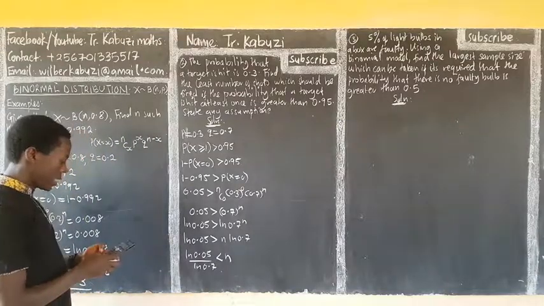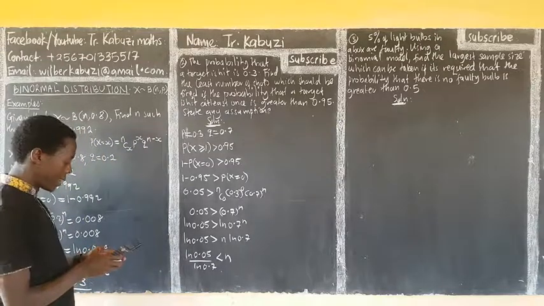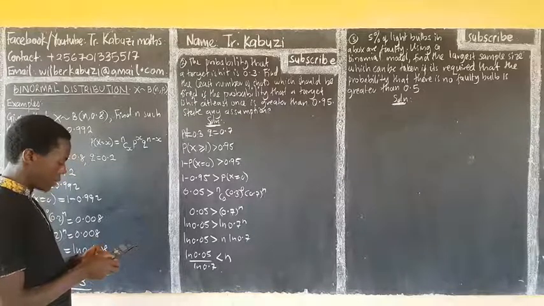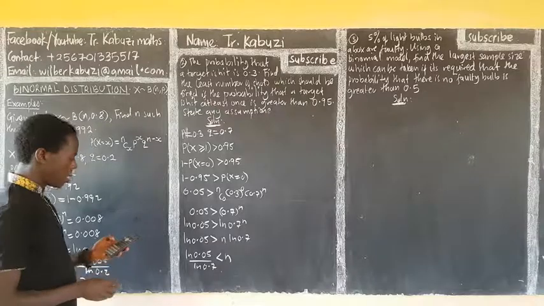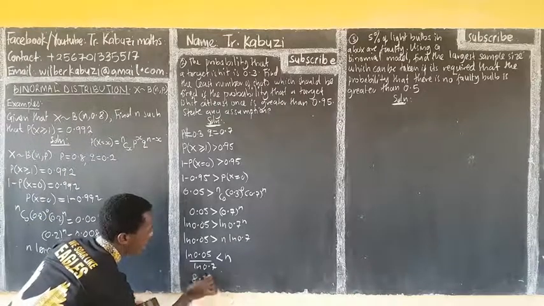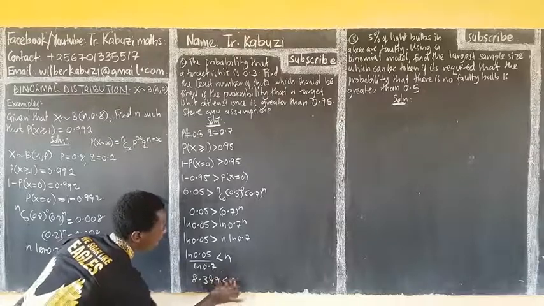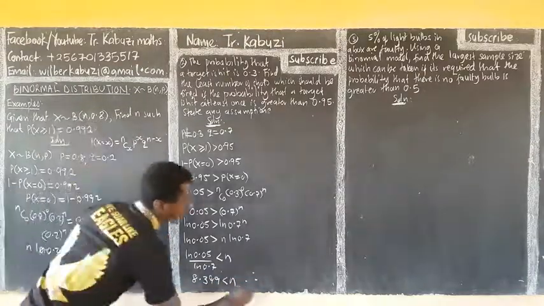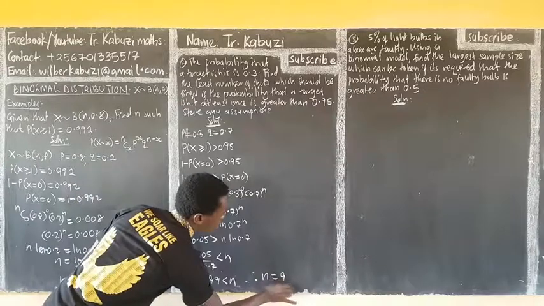From there, what we get is 8.399 greater than n. So therefore, the next integer above this will be n equal to 9.